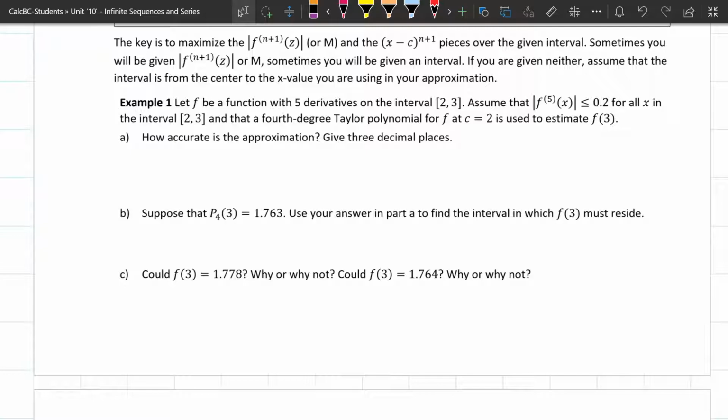Give 3 decimals. So if we're looking for accuracy, then we're looking for that error. We want to see what's the biggest our error could be. That's going to tell us how accurate we are.